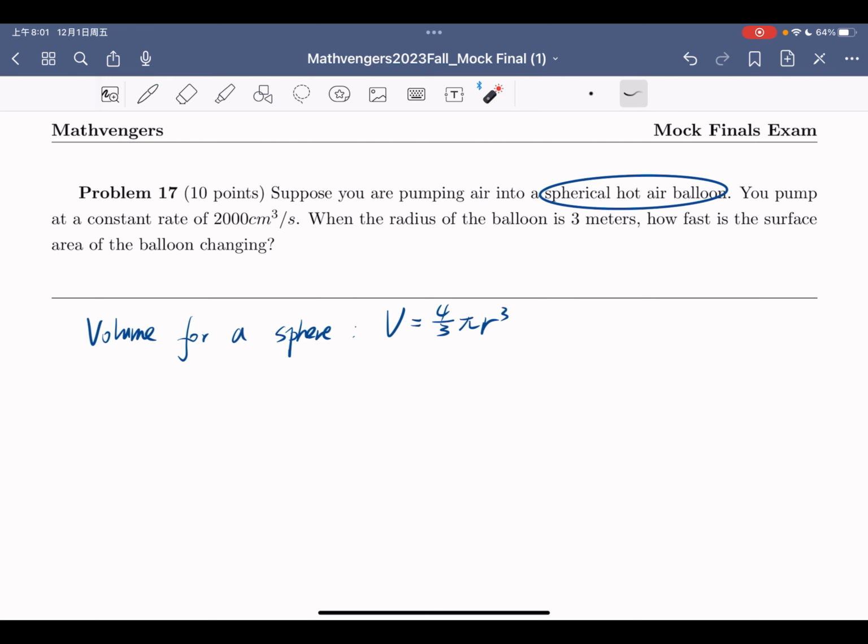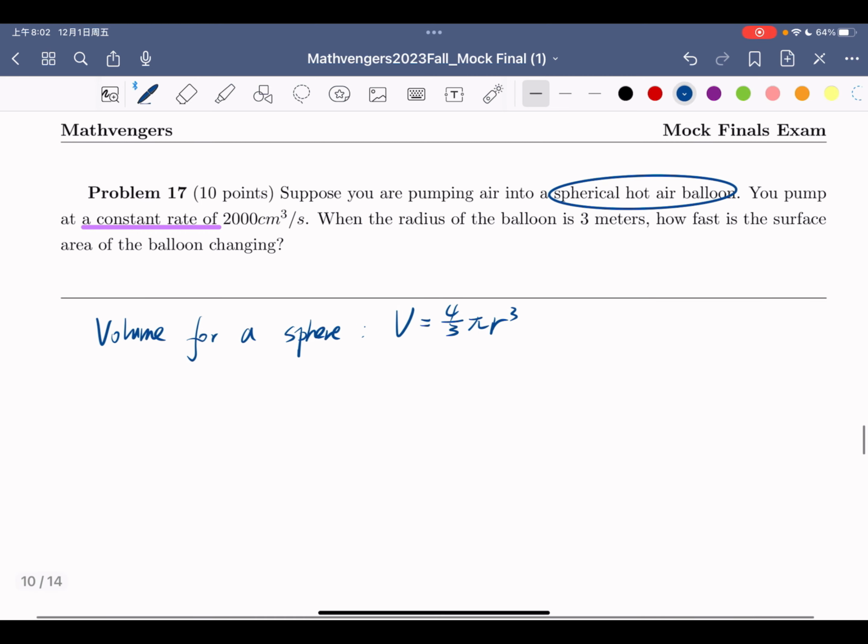Okay, and you pump at a constant rate of. Okay, remember that. If you see words like a constant rate of, what does this mean? This actually means the rate of. If you say the rate of, it will relate to a derivative.